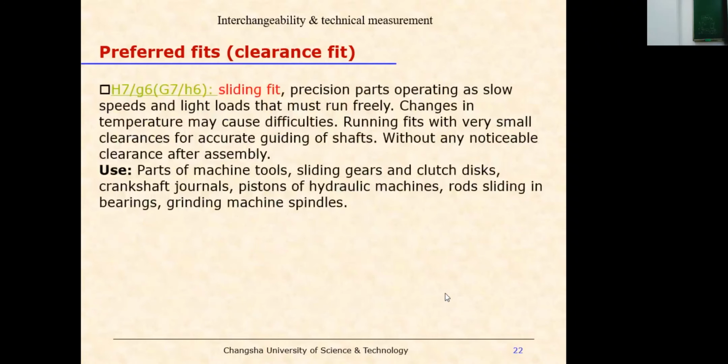For H7 G6, it is a sliding fit, like for precision parts operating at slow speed and light loads that must run freely. So a change in the clearance due to a change in temperature may cause difficulties. Running fits with very small clearance for accurately guiding the shaft without any noticeable clearance after assembly.